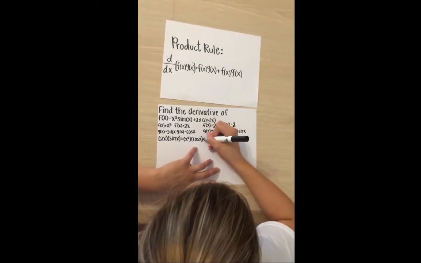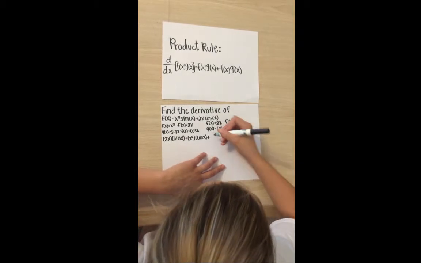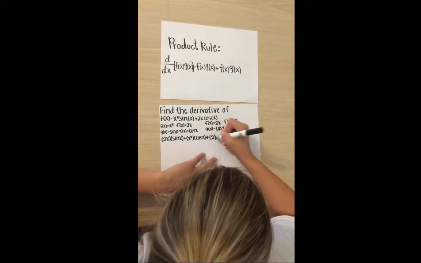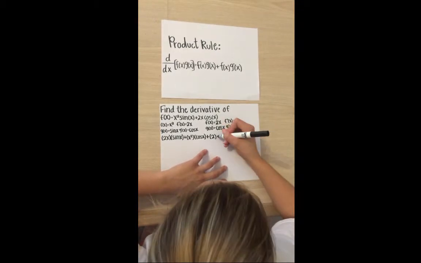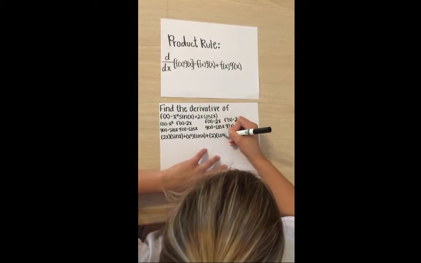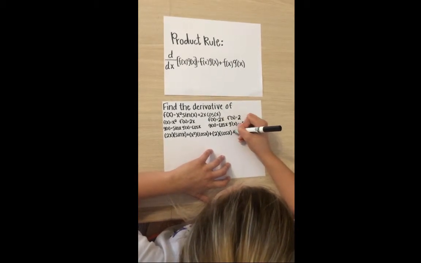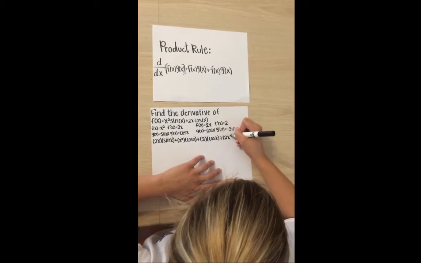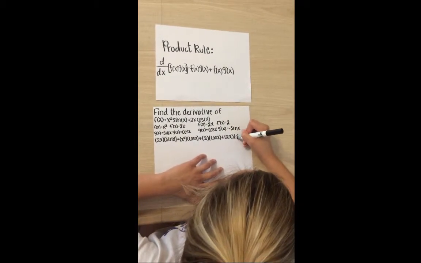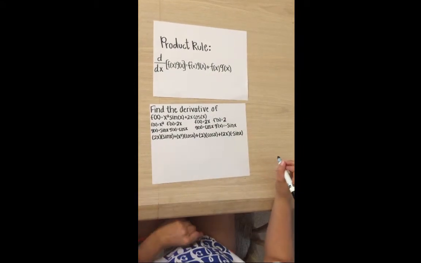So we're going to do plus, so the derivative of f of x is going to be 2 times g of x, which is going to be cosine x, plus f of x, so 2x times negative sine x.